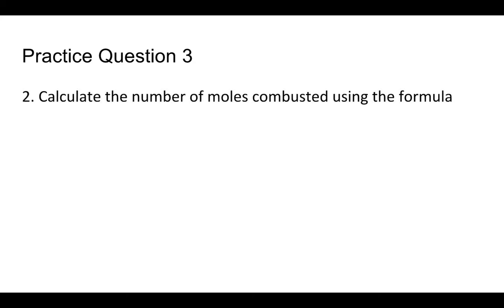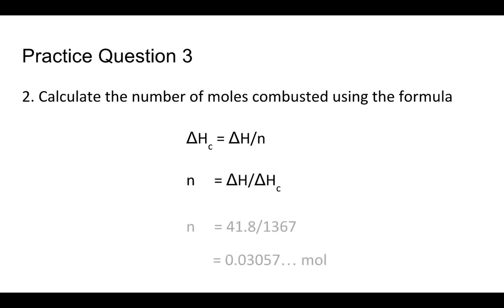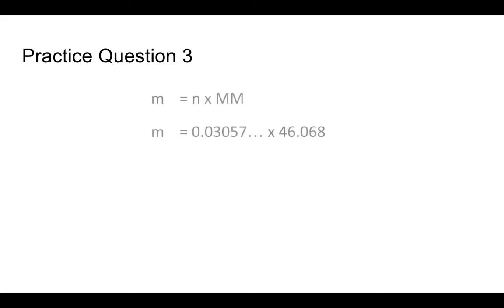Then I can calculate the number of moles combusted using the formula. Delta H, molar heat of combustion, equals change of enthalpy divided by moles. Rearrange to make moles the subject of the equation, and it's simply 41.8 divided by 1,367, which gives us a total moles of 0.03057.